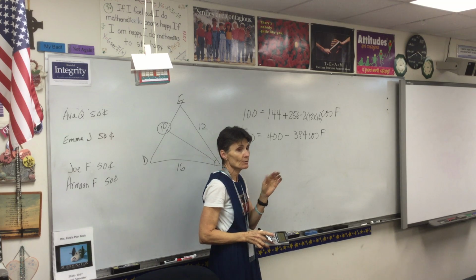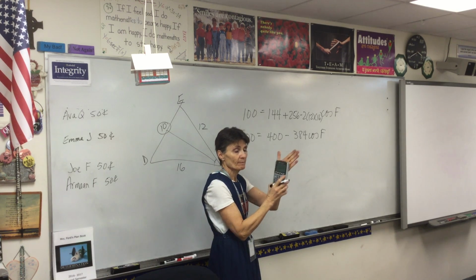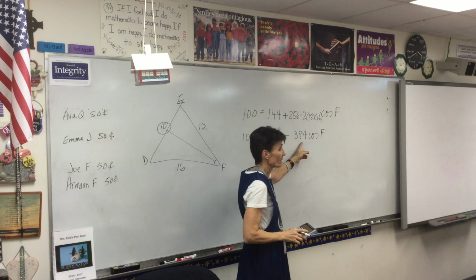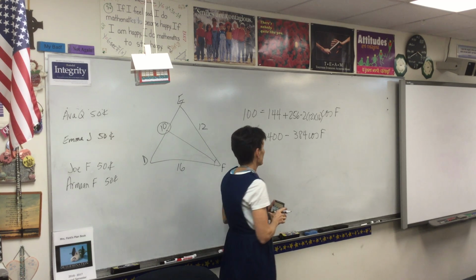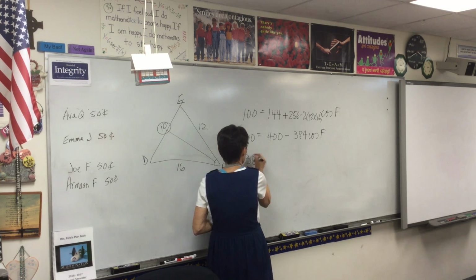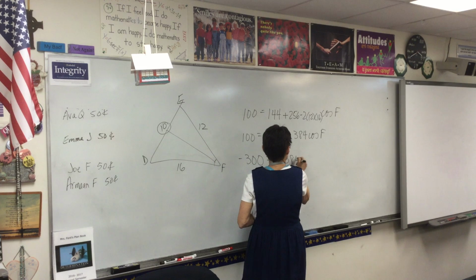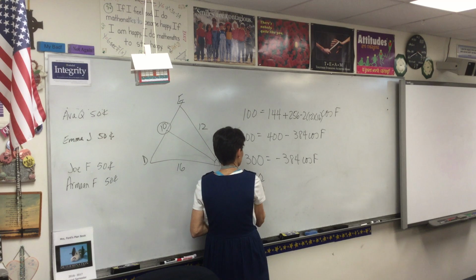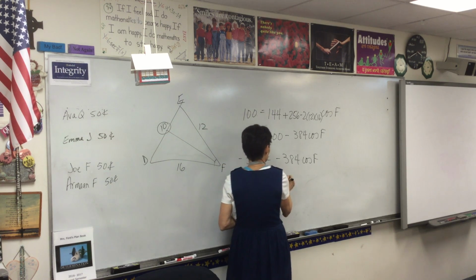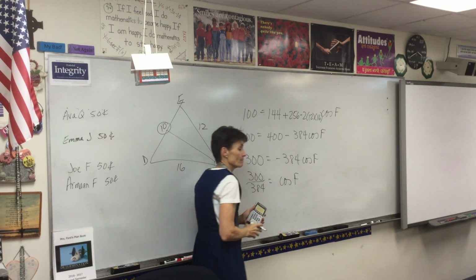No, you cannot do that. Peyton, you cannot subtract these, all right? Nobody is subtracting those. So I'm going to subtract the 400, and I'm going to divide. The negatives will cancel, so I'm not going to write them down. And I have this.